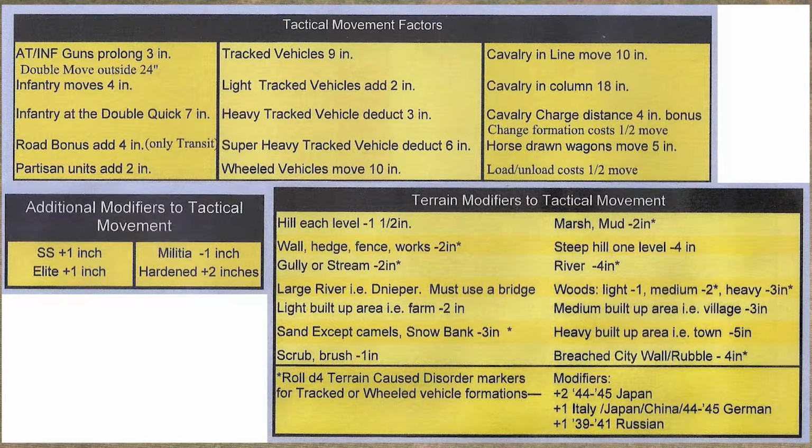So if you're crossing a wall or a hedge line, a gully or a stream, they both say -2 inches. Well, the -2 inches is simple enough. You have to deduct 2 inches from the movement of the formation as it crosses. The asterisk means that it has no effect on foot troops, but if you've got a wheeled or tracked vehicle formation, then you roll a d4 and you add that many disorder markers to the formation.